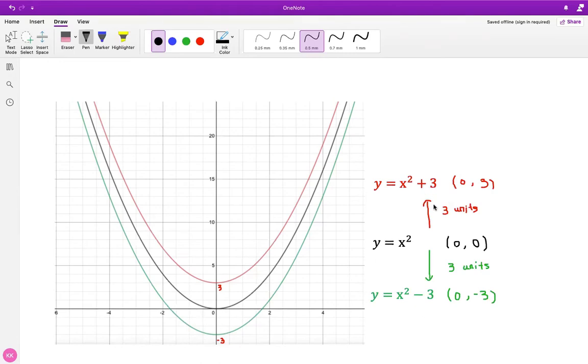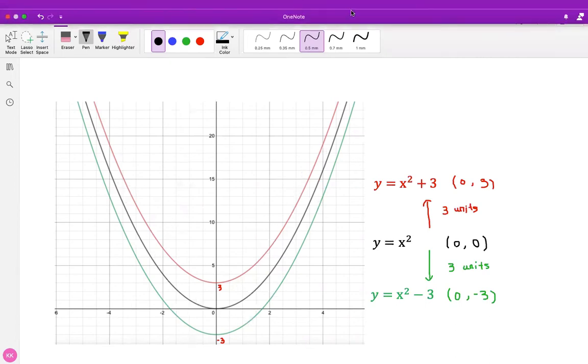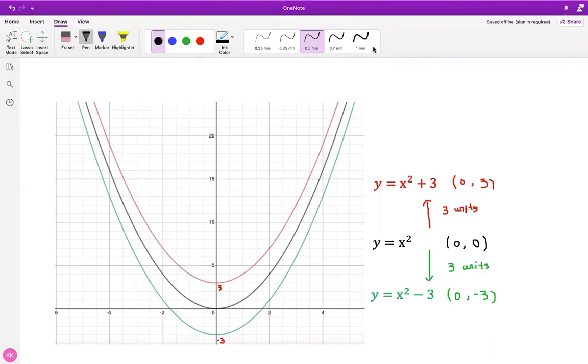Shifting the graph upwards or downwards doesn't affect the domain of the function, so the domain is all x values. What about the axis of symmetry? Remember, the axis of symmetry is the line where we can separate the graph into two halves.